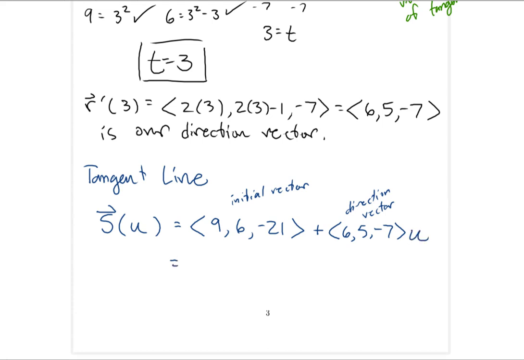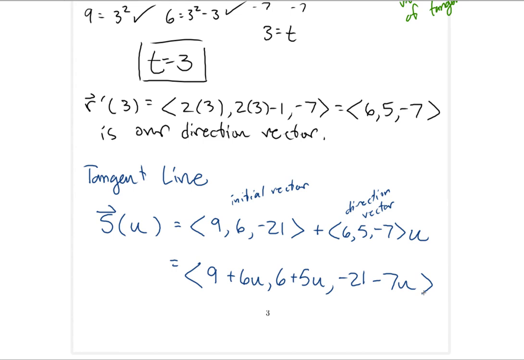And so when I put all that together, it's going to be 9 plus 6u, 6 plus 5u, and then negative 21 minus 7u. And that is going to be our tangent line.